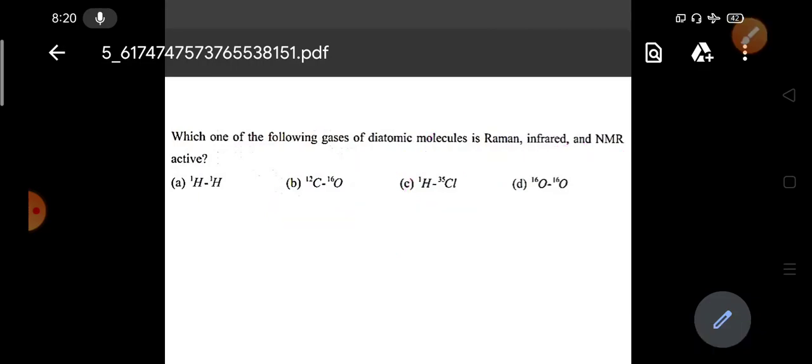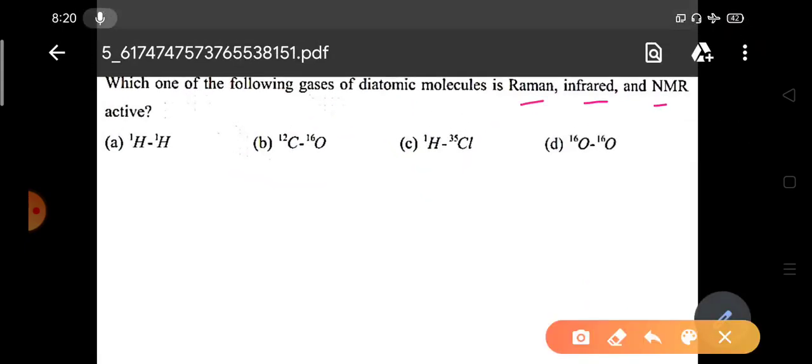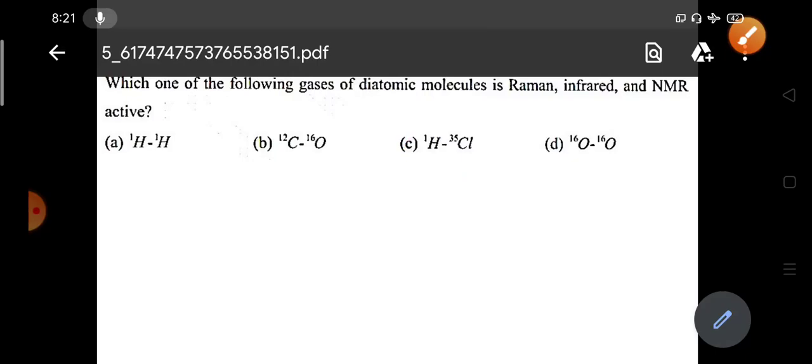So this is the criteria for Raman, infrared and NMR active spectra. We need a spin half particle or odd integral spin for the molecule to be NMR active.